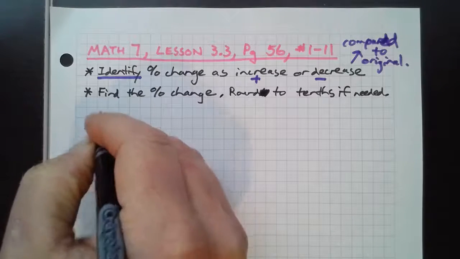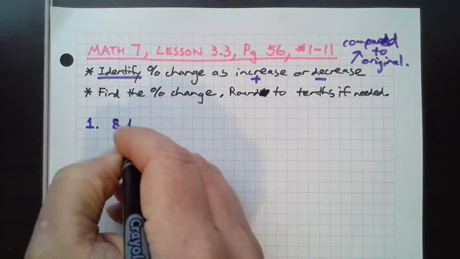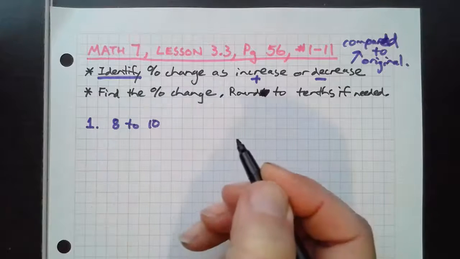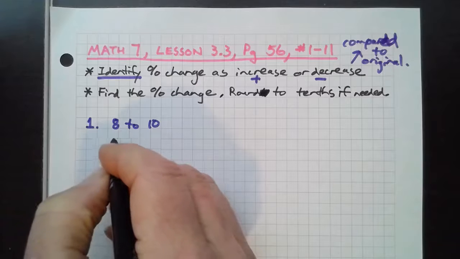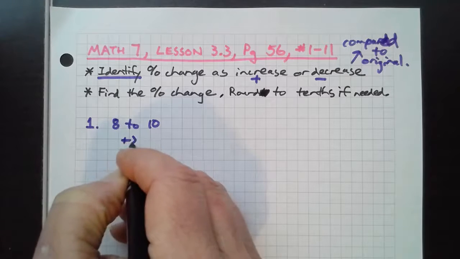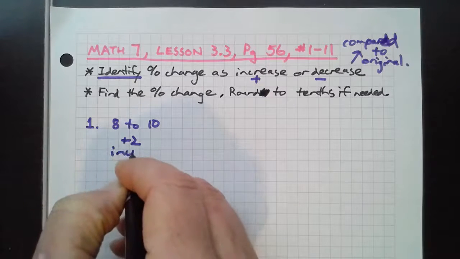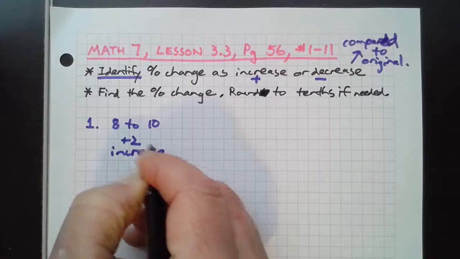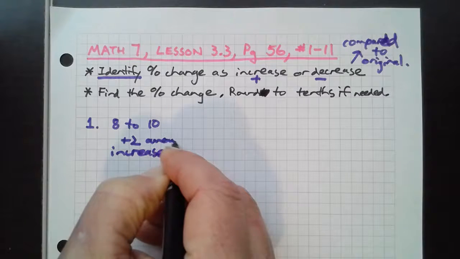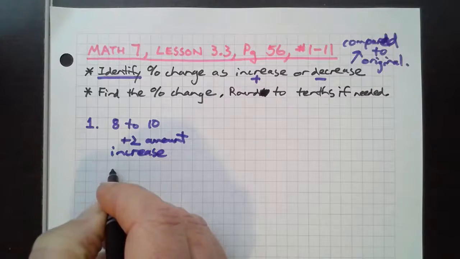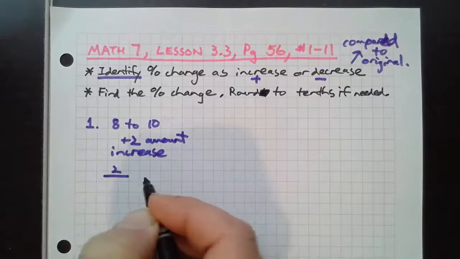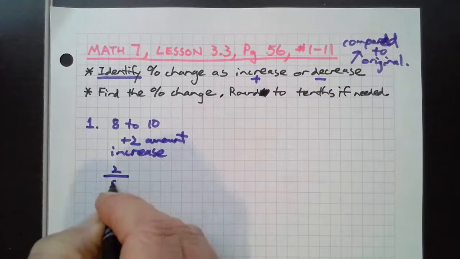Number 1, started with 8, went to 10. Did it increase or decrease? It increased by that amount. So we take the amount of change, divide it by the original.